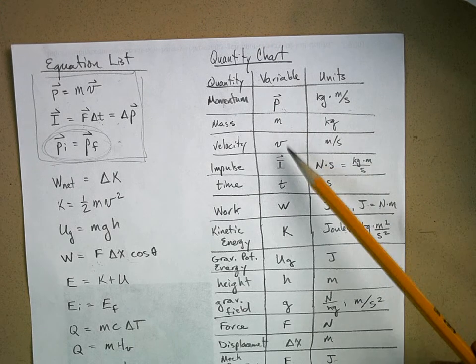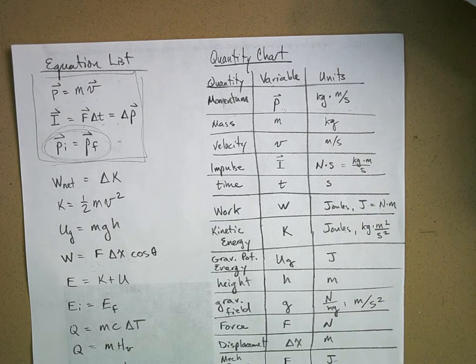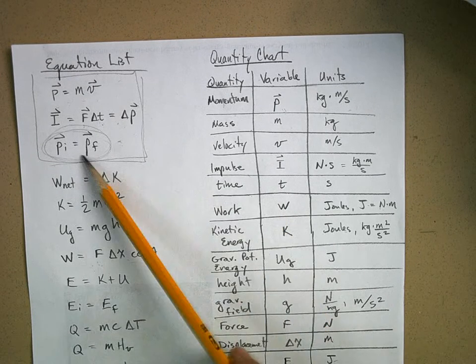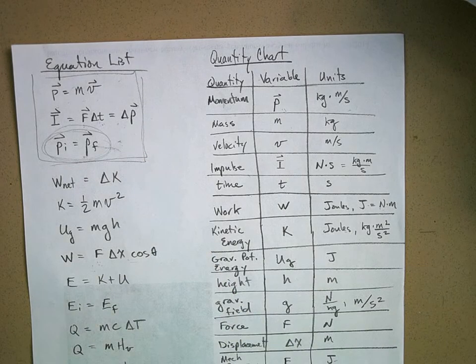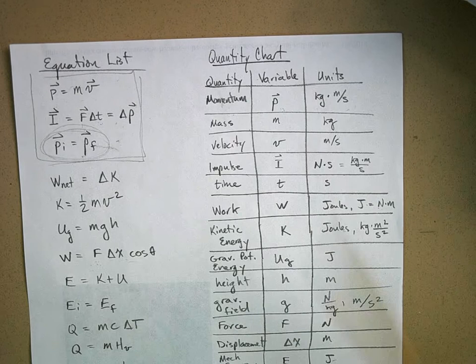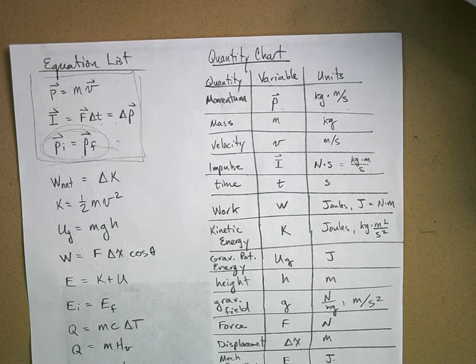And we have mass and velocity, which we're familiar with. And then I went ahead and included impulse and time, because they're in these equations here. So this is a nice thing to do when you're making an equation list, to keep a quantity chart. And then you also have the units here. So you'll know what unit of measurement we use for that quantity.